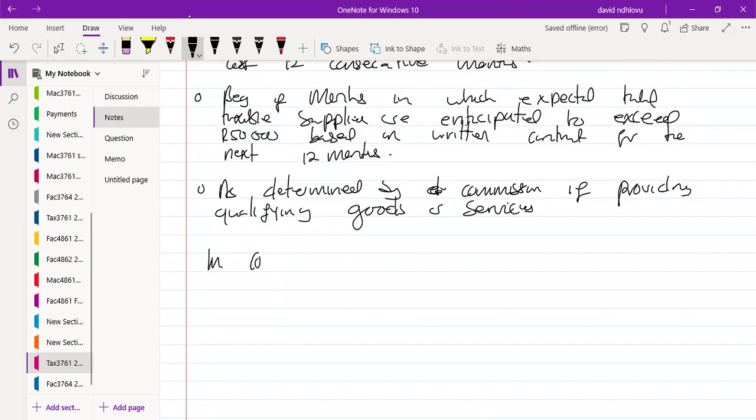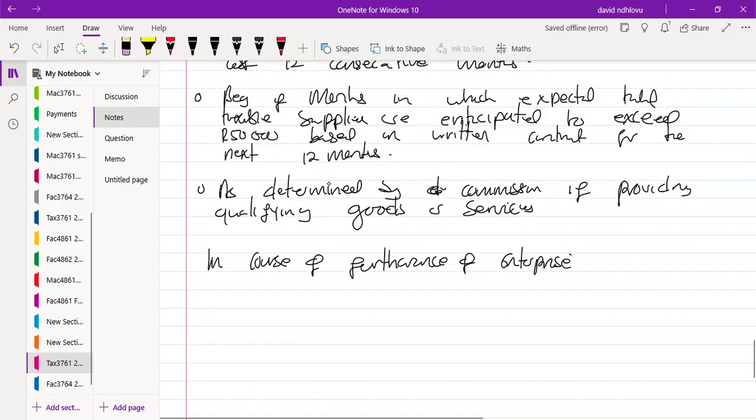This is the fourth requirement for a supply of goods and services to attract VAT. So we need to talk about the definition of enterprise.